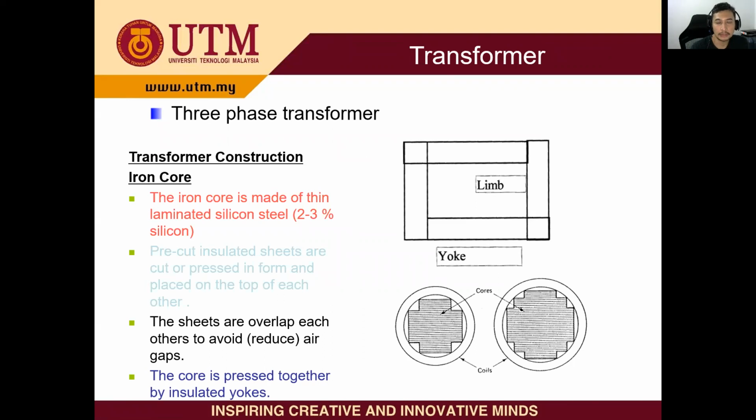So this is the overall construction of the three-phase transformer. It is very similar to the single phase, but with some unique features, because usually three-phase transformers are used in high power applications.